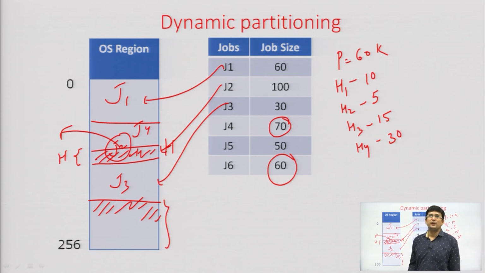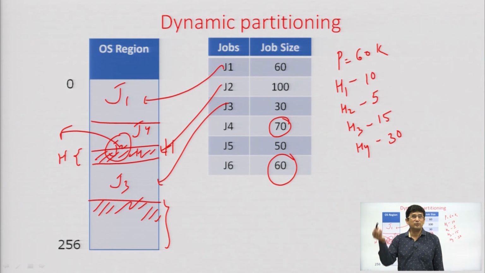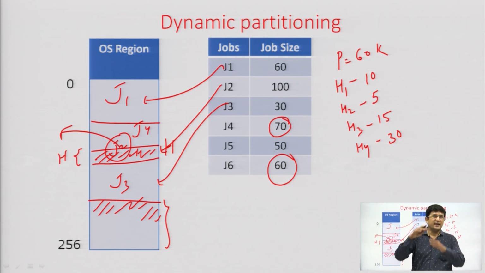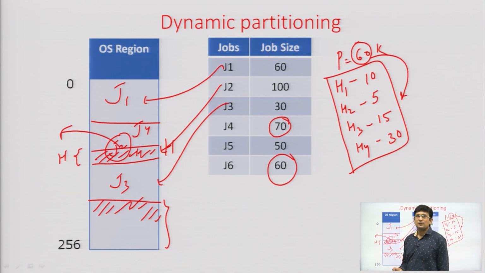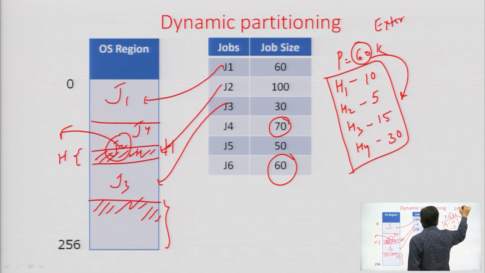Cumulatively, H1, H2, H3 and H4 can accommodate a 60K process, but since they are scattered in the memory, it is not feasible to store the 60K process in the holes. This is called external fragmentation.